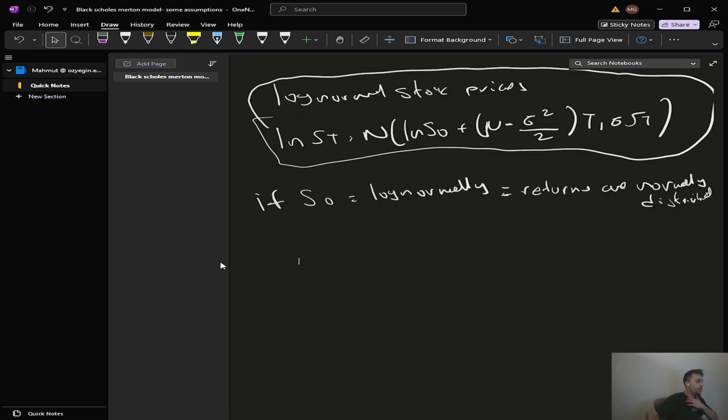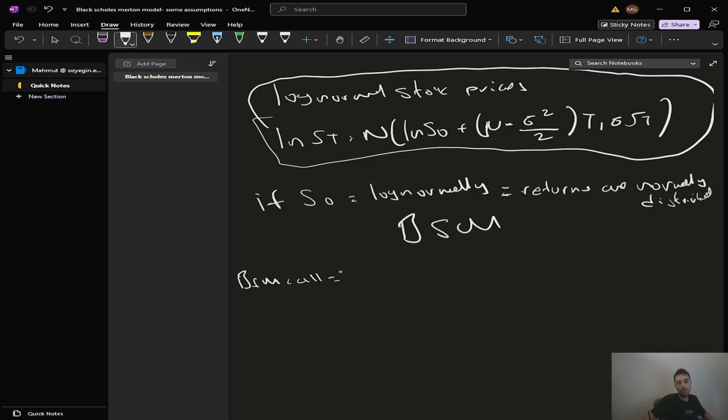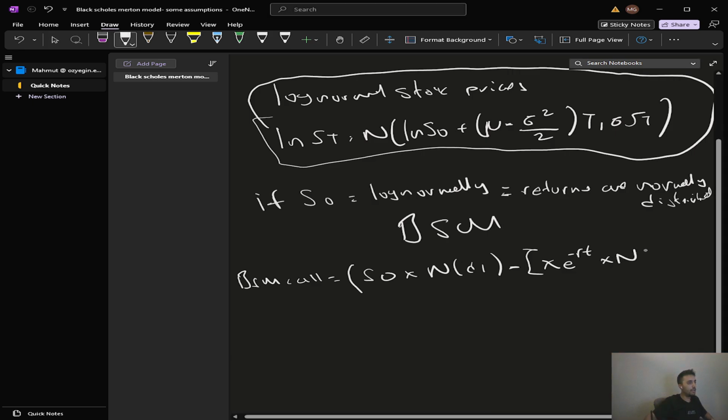And then the Black-Scholes model. Yes, the Black-Scholes model. We have the Black-Scholes call and the Black-Scholes put formulas, two different pricing formulas. The call formula is the spot stock price times the cumulative normal N(d1), minus the strike over e to the rT times N(d2).